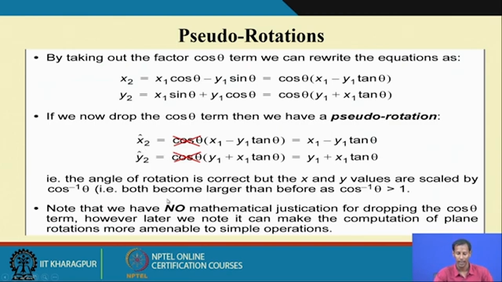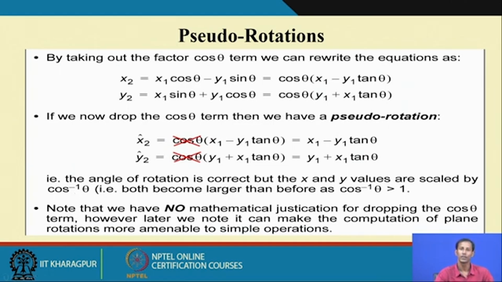Okay. Now here you see the angle of rotation is correct, but the x and y values are scaled by this particular factor. Since we removed cos theta, it is scaled by 1 by cos theta, which is nothing but cos inverse theta.